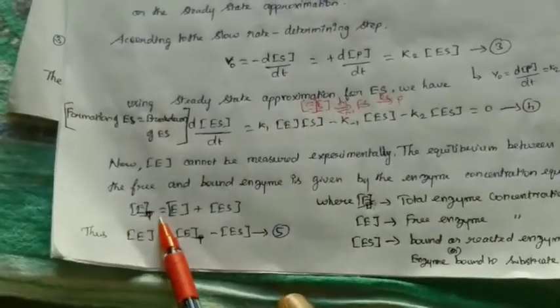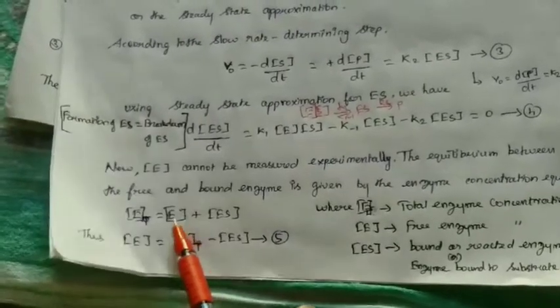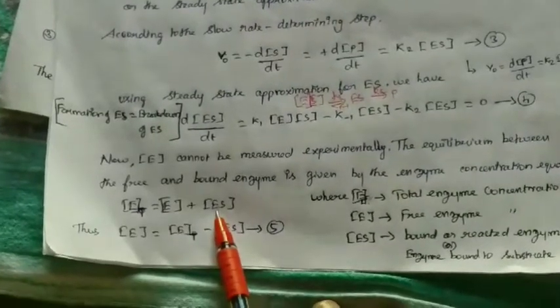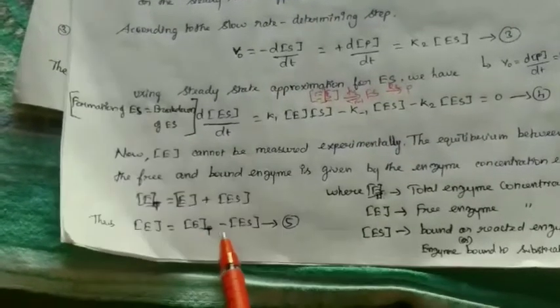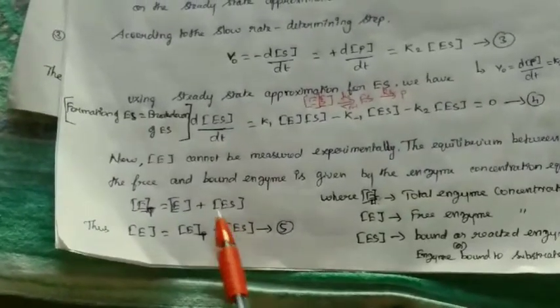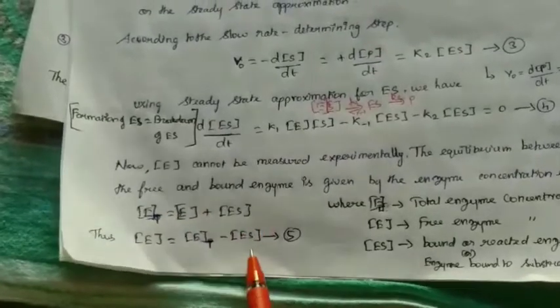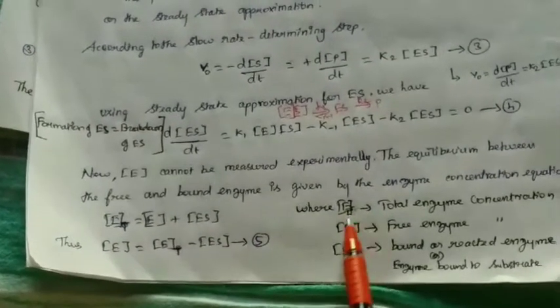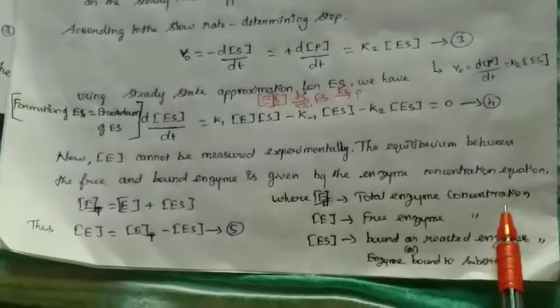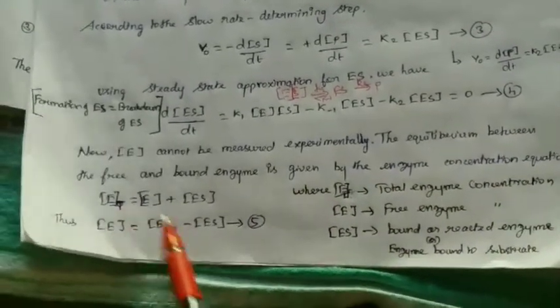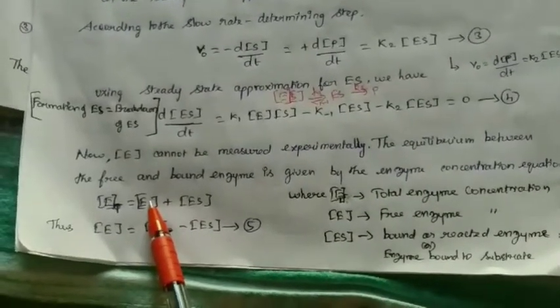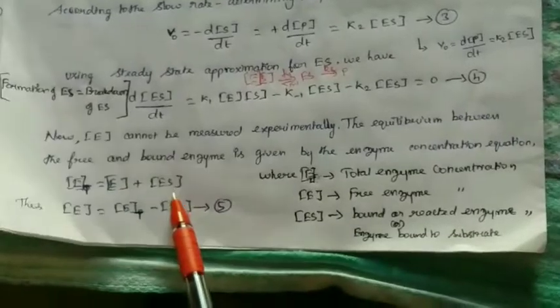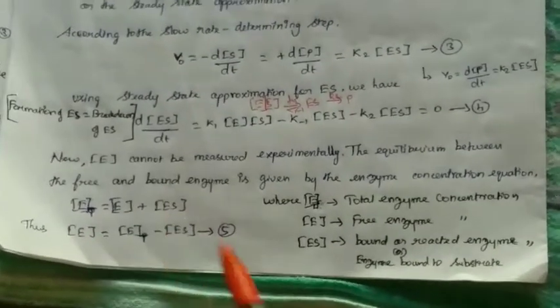So taking Et is equal to E, the free enzyme concentration, plus ES, the enzyme-substrate complex. Thus the free enzyme concentration E is equal to Et minus ES, where Et represents the total enzyme concentration, E represents the free enzyme concentration, and ES represents the enzyme bound to the substrate.